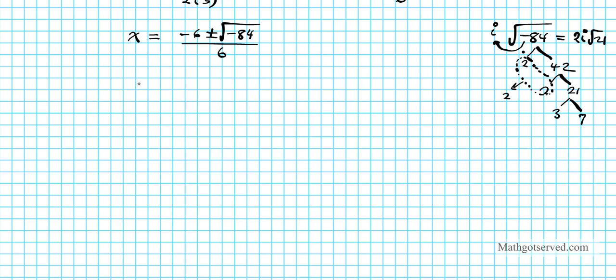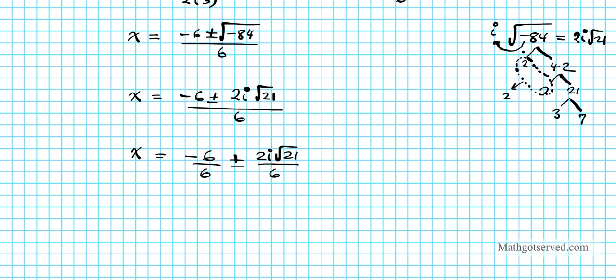So x is going to become negative 6 plus or minus 2i root 21 divided by 6. I can split this up for ease with reduction. So I'll have negative 6 over 6 plus or minus 2i root 21 over 6. Dividing further, we're going to have negative 1 plus or minus i root 21 over 3.